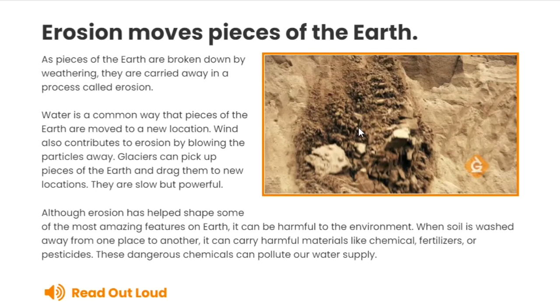They are slow but powerful. Although erosion has helped shape some of the amazing features on Earth, it can be harmful to the environment. When soil is washed away from one place to another, it can carry harmful materials like chemicals, fertilizers, or pesticides. These dangerous chemicals can pollute our water supply.